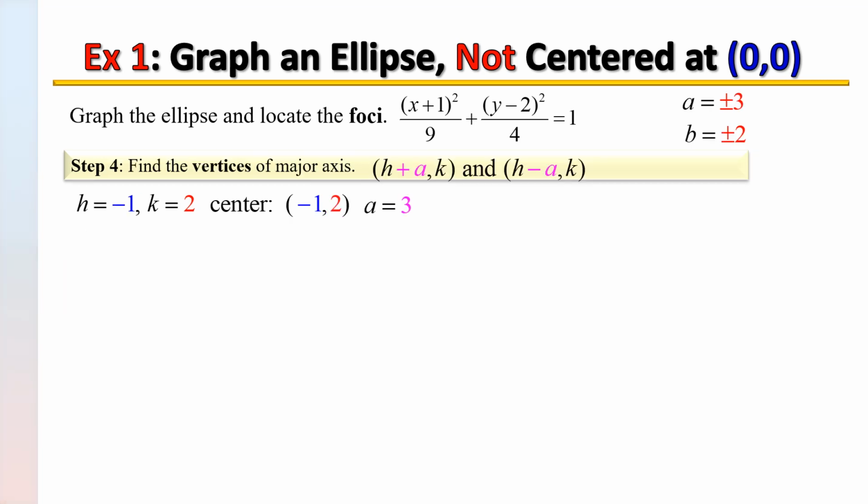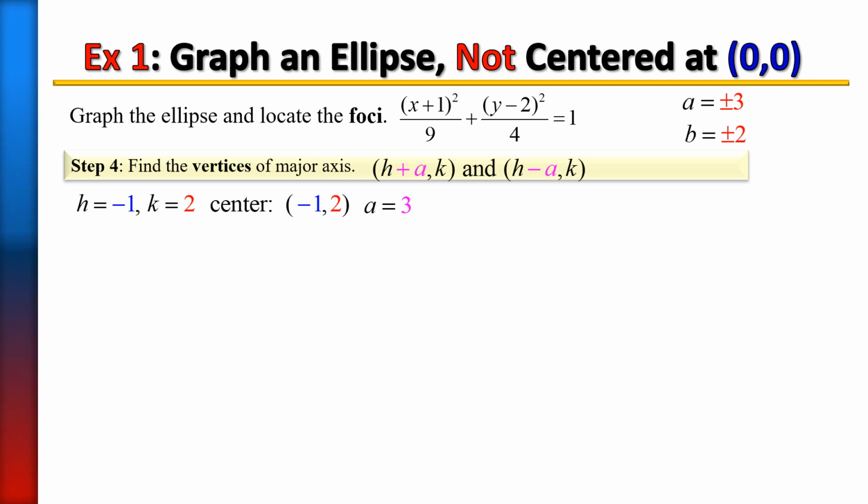Okay, so the first thing we're going to do is find the endpoints, or the vertices, for the major axis. To find that, all you're going to do is combine the value for a with your x value. So my x value is -1. So I'm going to combine with that -1 a plus 3 and a minus 3.